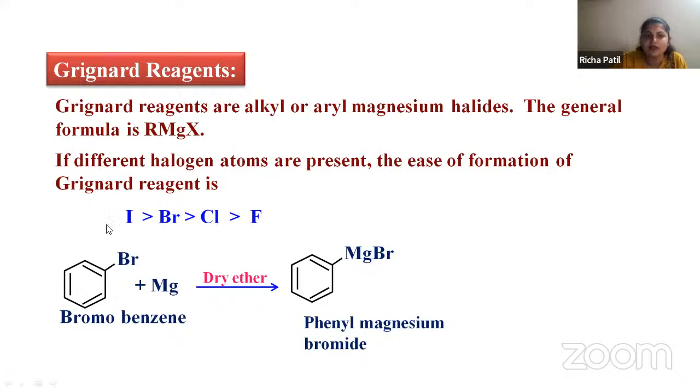You know the reason for this: nuclear charge increases with the increase in size. So bromobenzene, when reacted with Mg in dry ether, gives phenyl magnesium bromide. This is with respect to your aryl halides.